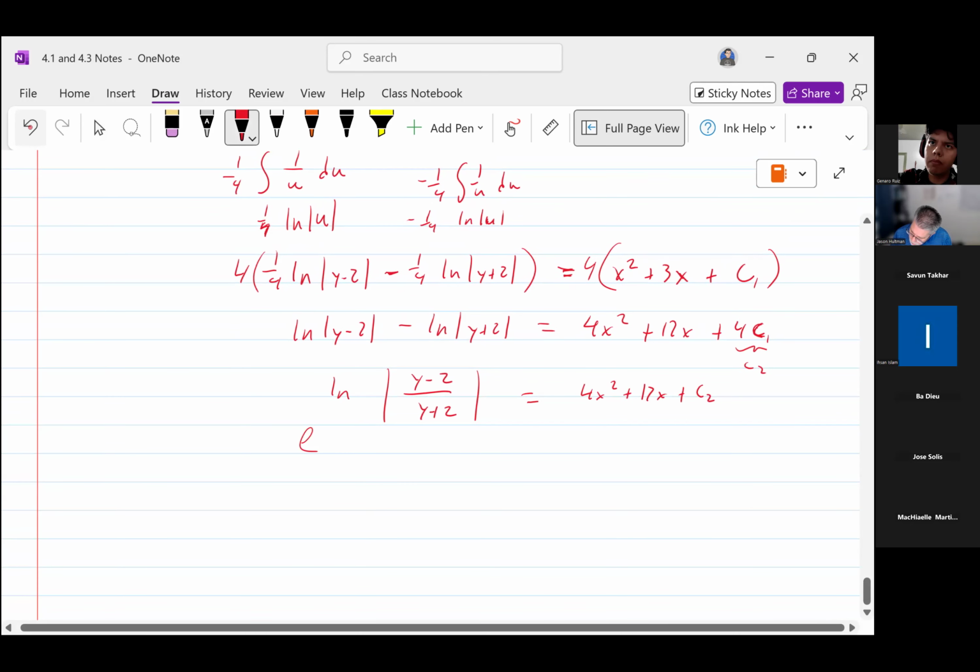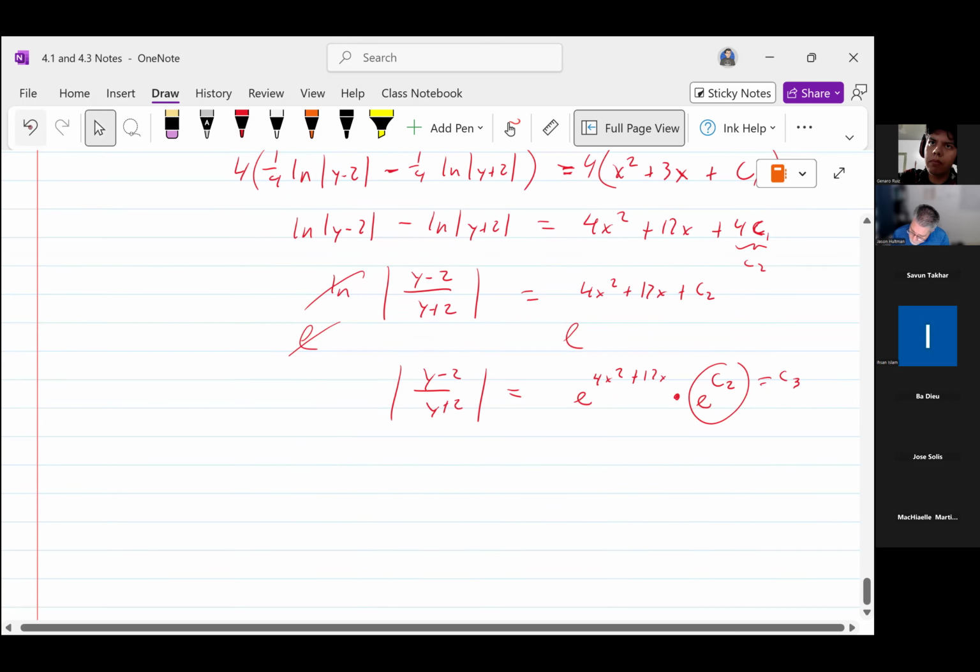Let's let everything be an exponent to a base of e, to get rid of the natural log. We're going to get the absolute value of y minus 2 over y plus 2 is then equal to e to the 4x squared plus 12x times e to the C2. This guy here is going to equal C3.